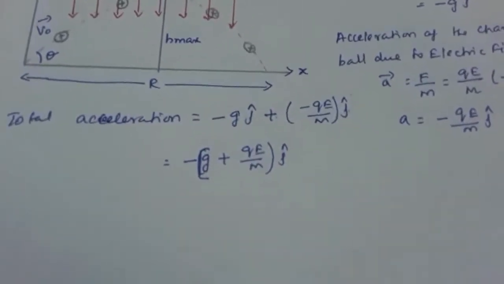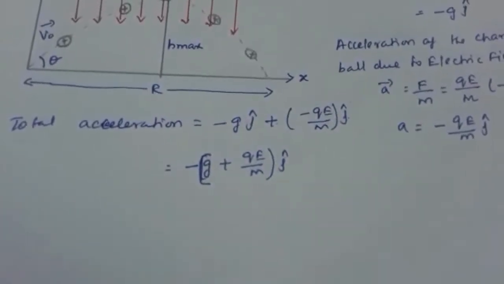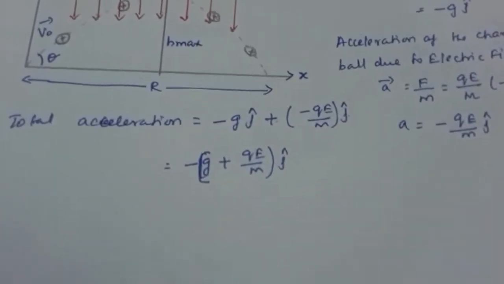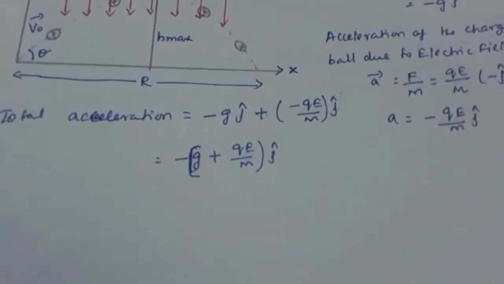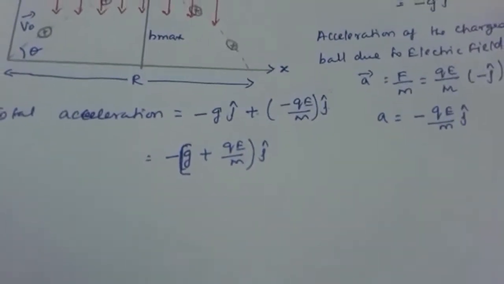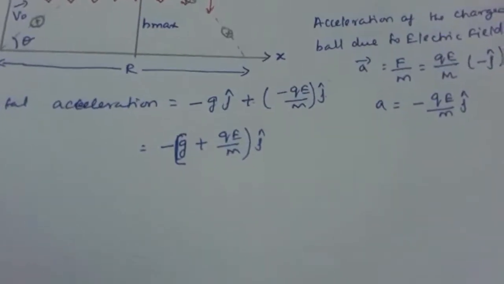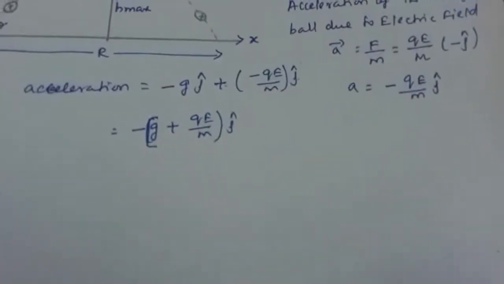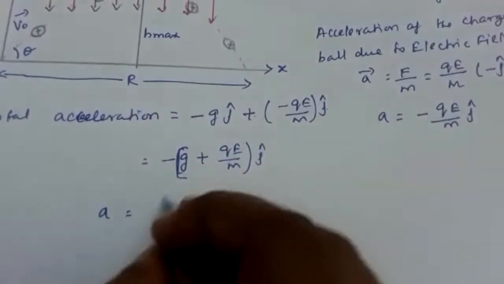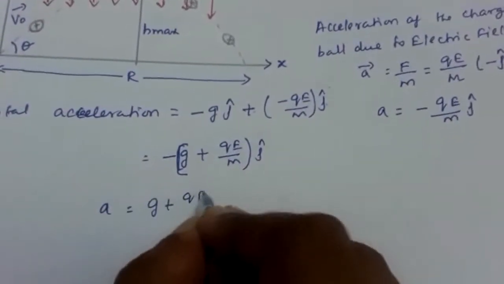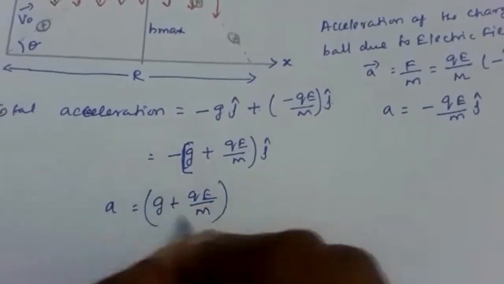But in addition to the uniform gravitational field, if there is an electric field, the acceleration depends upon charge as well as mass. So you can write the total acceleration, without writing the direction, as g plus qE by m.